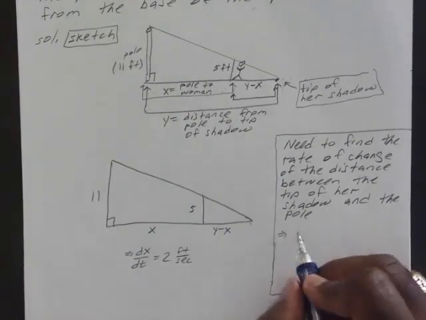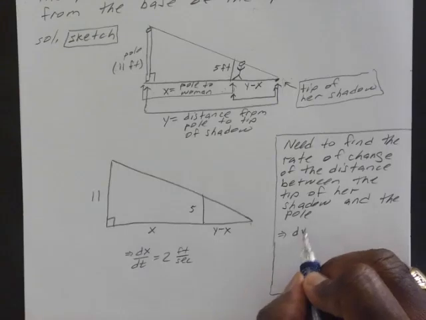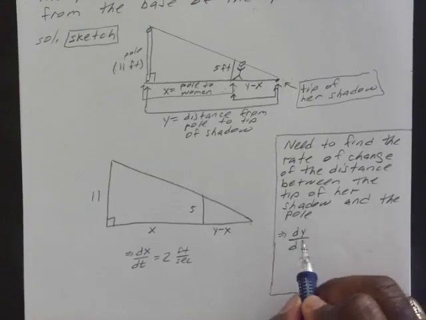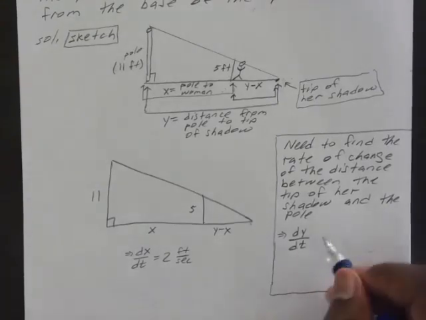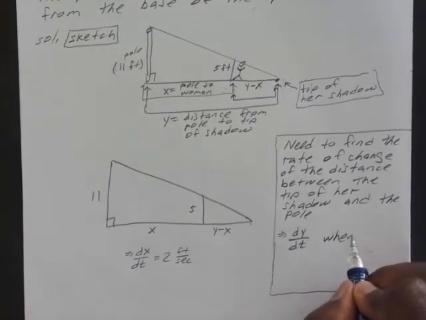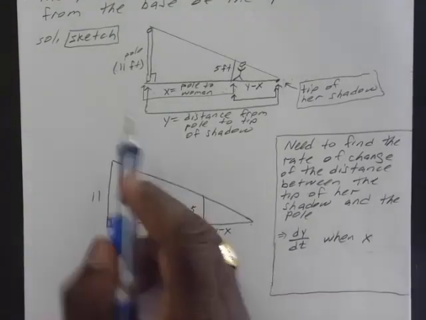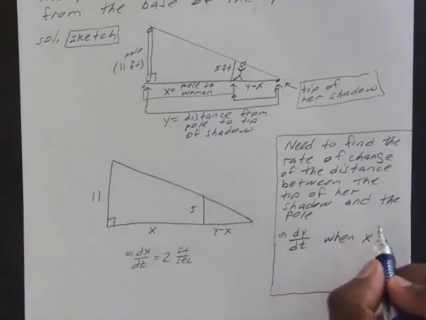In other words, we need to find the rate of change of that distance with respect to time when that distance away from the pole is equal to 15.